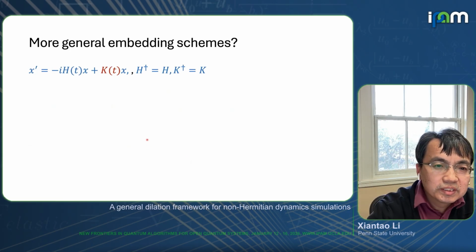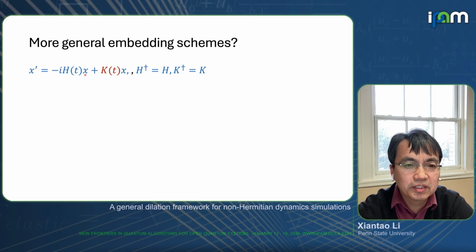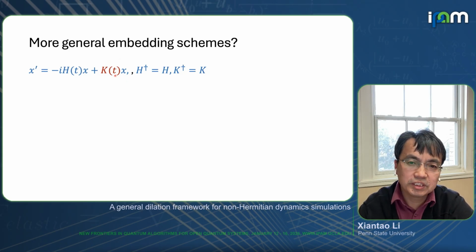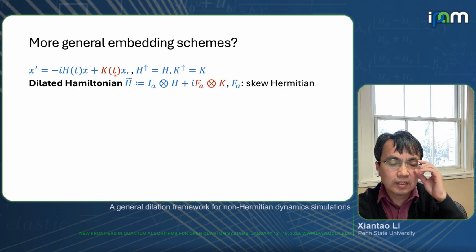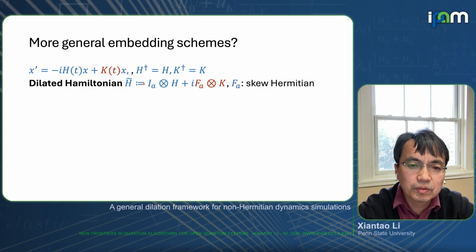And my starting point is the same as before. So I'm going to keep the part that is already Hermitian. I'm going to work on this extra term here and somehow turn it into this negative i times a Hermitian term. And I'm going to follow this structure here to build the dilated Hamiltonian.